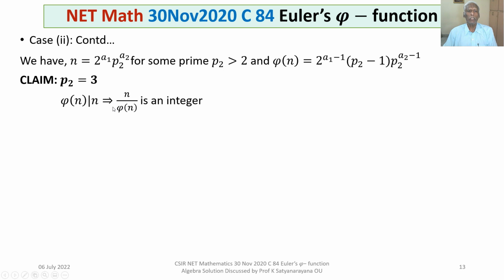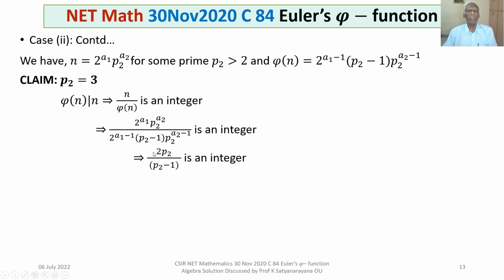That means n by phi of n is an integer, yes. N is 2 to the power of a1 into P2 to the power of a2. Phi of n is 2 to the power of a1 minus 1 into P2 minus 1 into P2 to the power of a2 minus 1. Cancelling the common factors, we get 2 into P2 by P2 minus 1, and this is an integer.